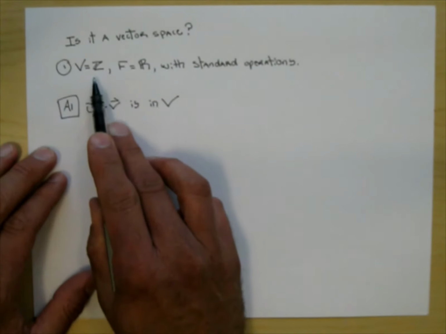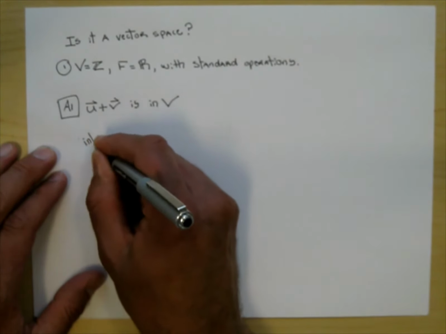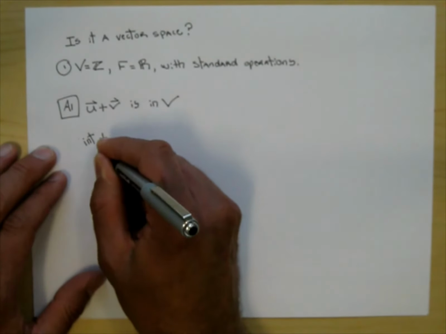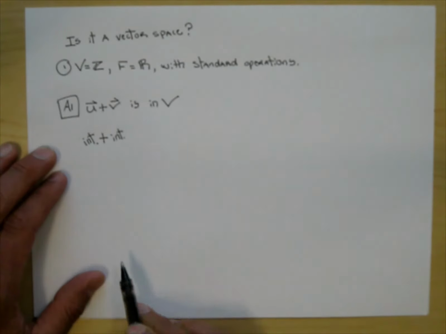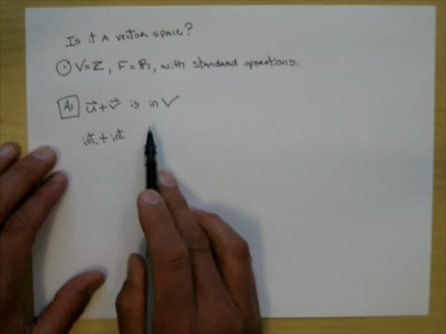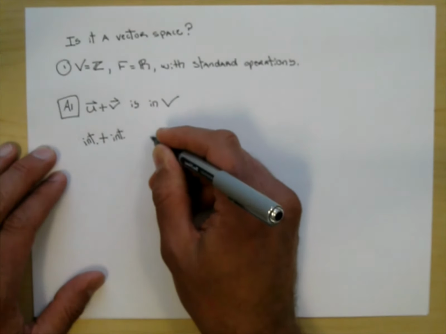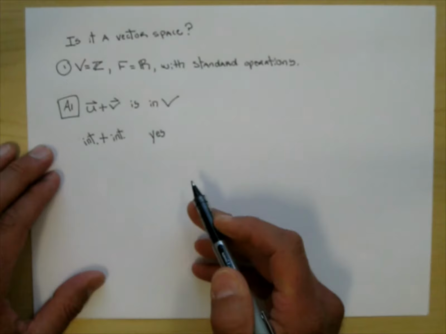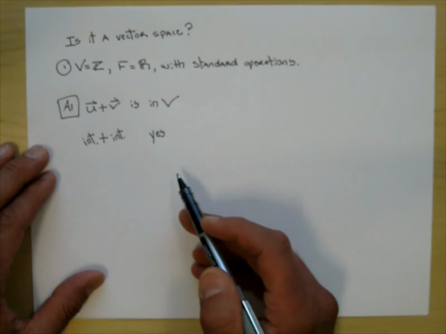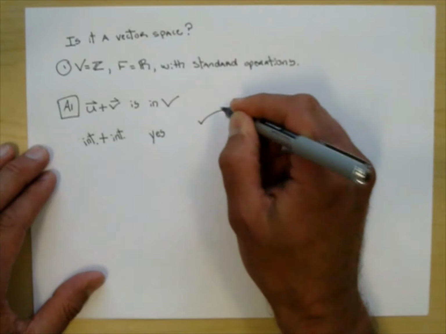Our vectors are integers. So is an integer plus an integer in V? Is that another integer? And the answer is yes. There's no way you can add two integers together and get something that is not an integer. So axiom 1, you put a check mark.